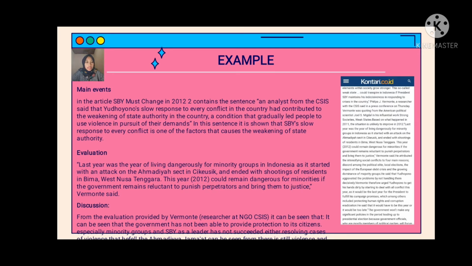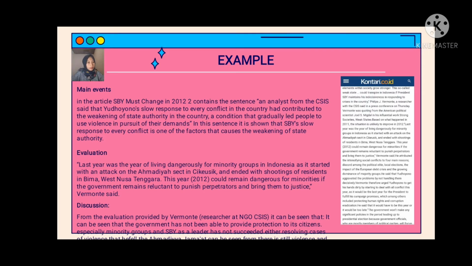SBY's slow attitude in following up on conflict and violence towards religious communities makes some parties feel pessimistic and give a negative assessment of SBY.